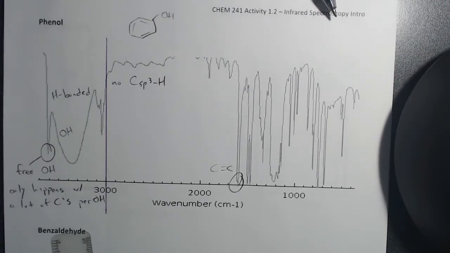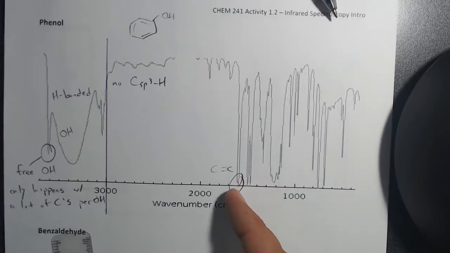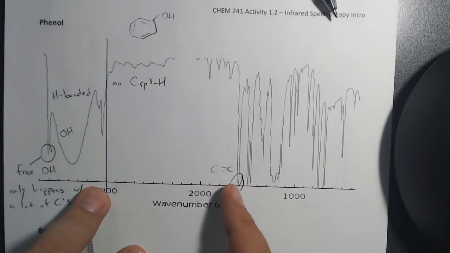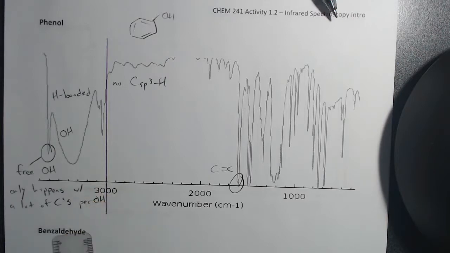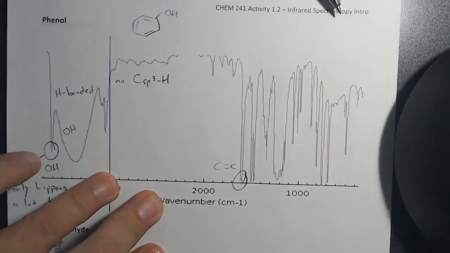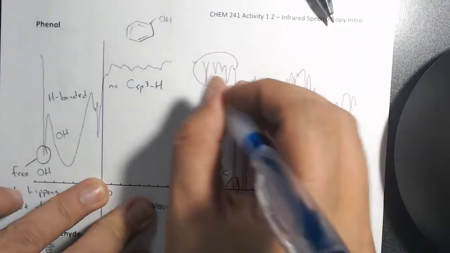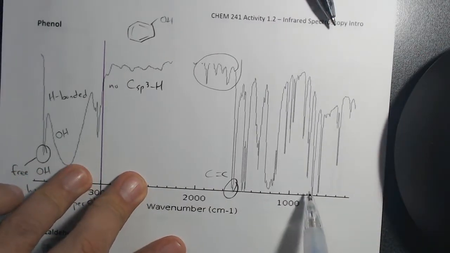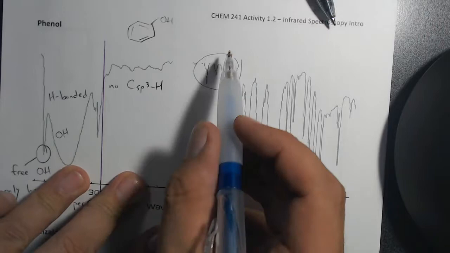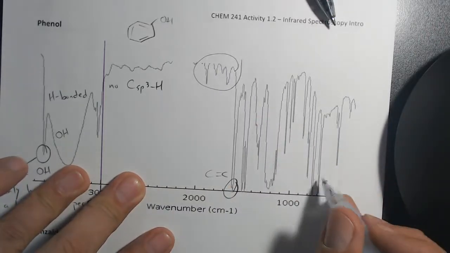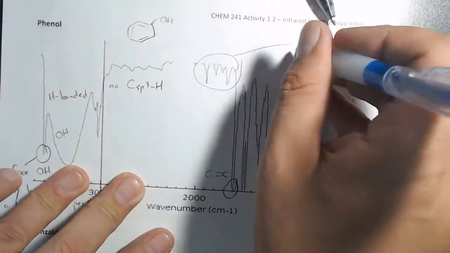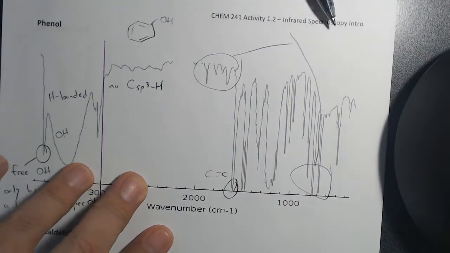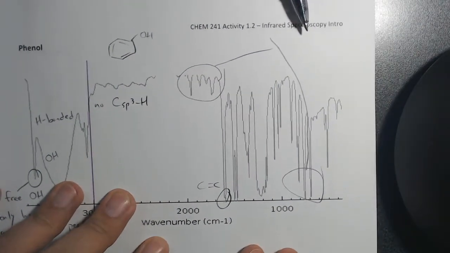Another thing is just to the left of where the double bonds would be, if you see like these 4 fingers coming down. So this portion. And typically, if you have that, you will also have over here at about below 1,000, you also have really deep stretches there too. Both of these together are an aromatic ring, and these are the aromatic overtones.